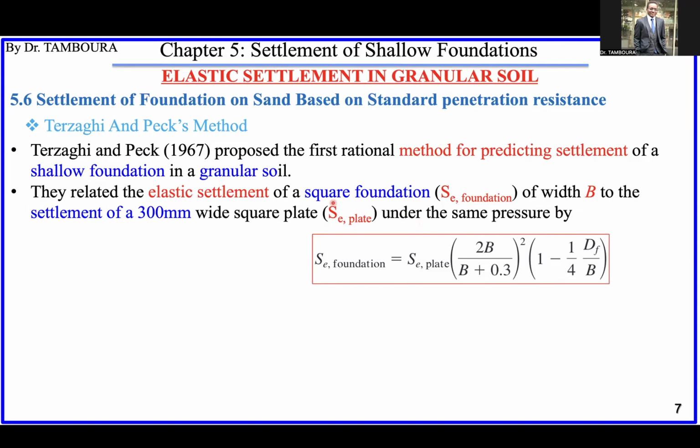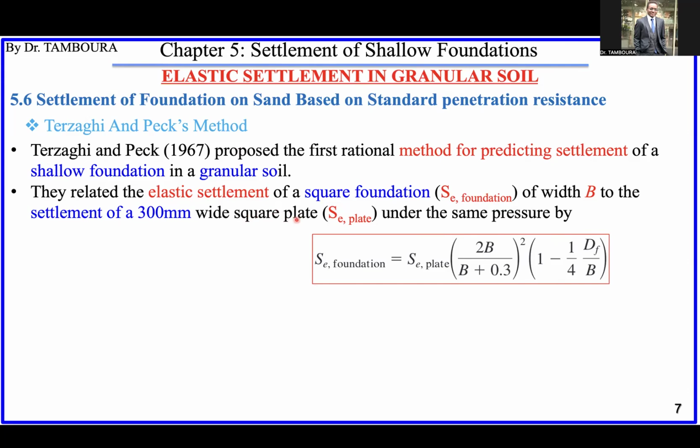You have to understand that we have a square footing with width B, and we have a square plate with a width of 300 millimeter.